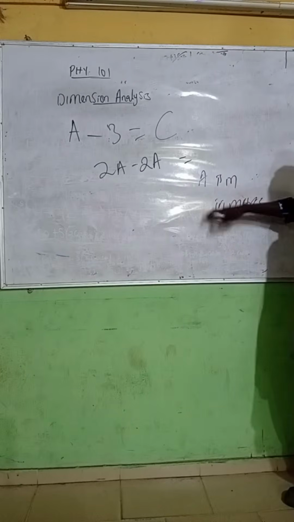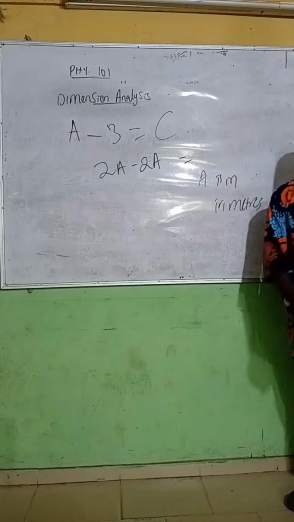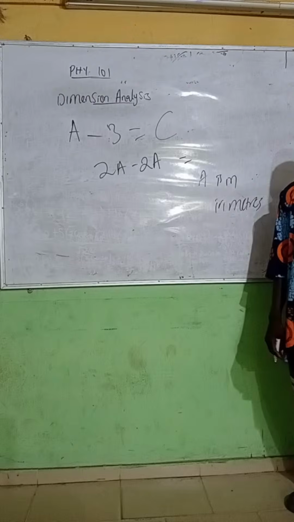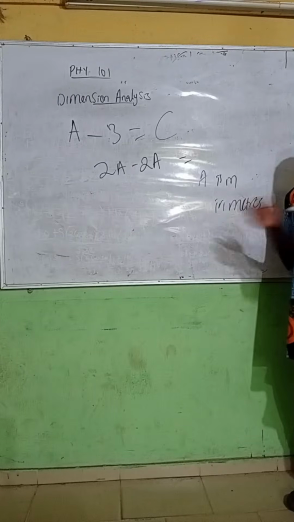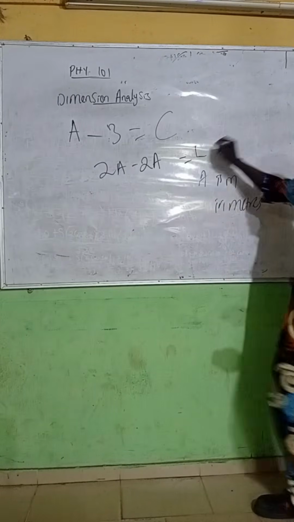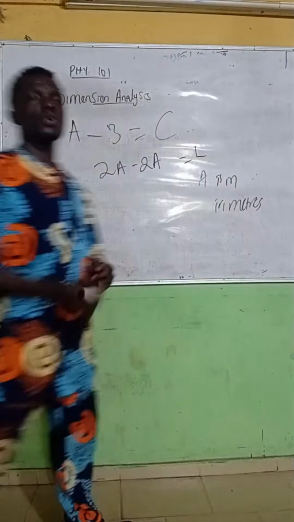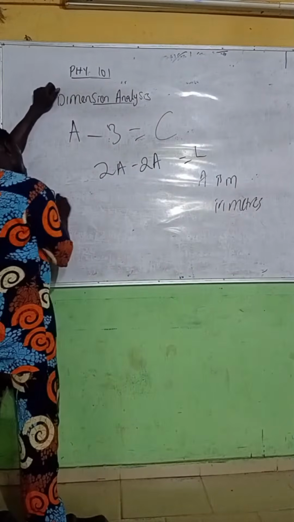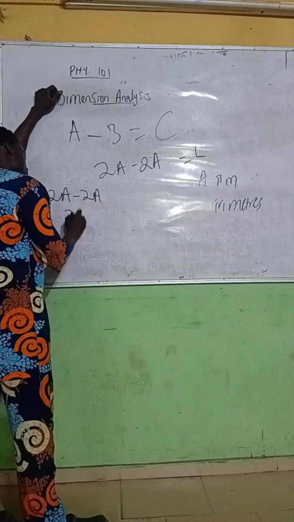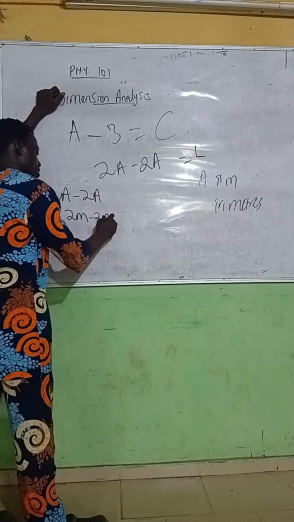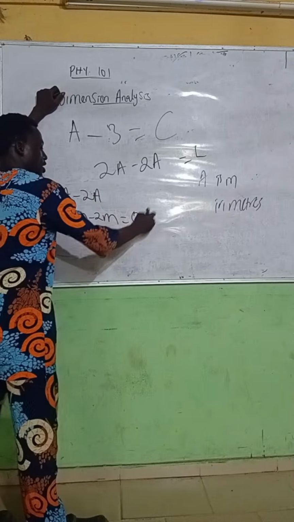That's 0. What's the dimension? Meter. The dimension is L. It's not 0. Actually, this is 2a minus 2a. Since a is in meter, that means that's 2 meter minus 2 meter, which gives us 0 meter.